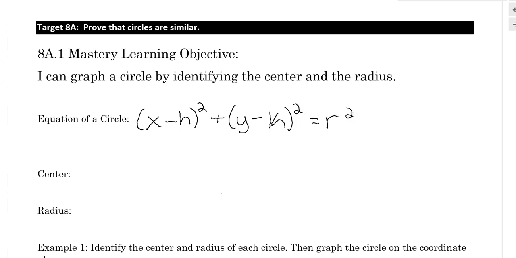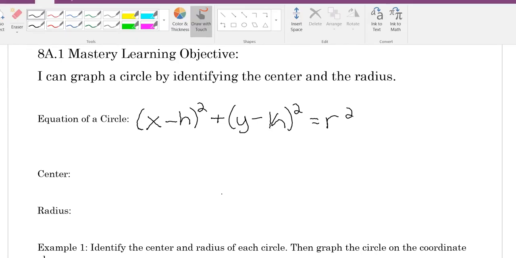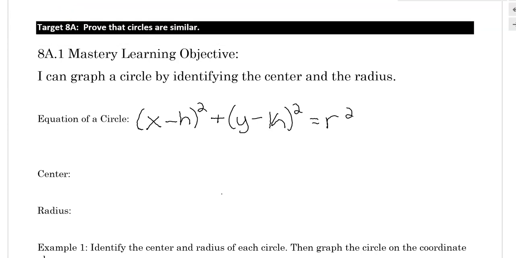The two important parts of your circle are the center and the radius. Your center comes from (h, k), right? It's here and here.